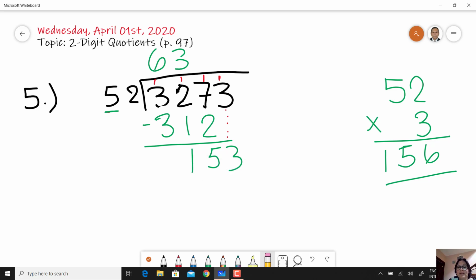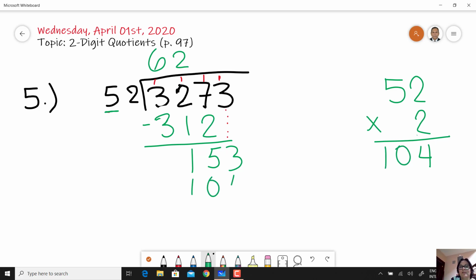So that means that we have to use, instead of 3, a number less than 3. So let's try with number 2. So we are going to multiply 2 times 52. 2 times 2, 4. 2 times 5, 10. So we are going to write here 104, and then we are going to subtract 3 minus 4.